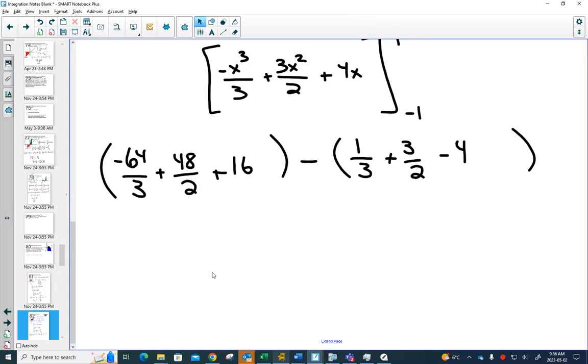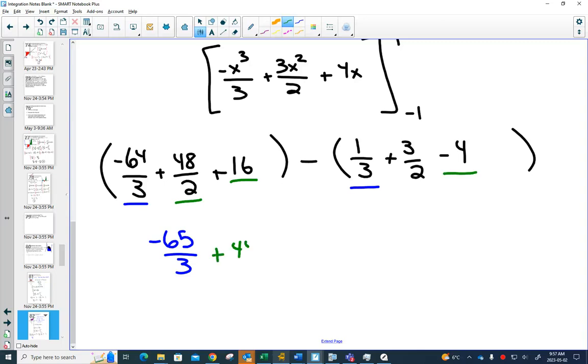Okay, mental math-wise, I would probably first think about those two and say, they already have a common denominator. That's going to give me negative 65 over 3. Then I'm going to do my whole numbers. 48 over 2 is 24, plus 16, that's 40, plus 4, so that would give me plus 44. And then my other fraction is just that 3/2, which will be a minus 3/2 in the end.